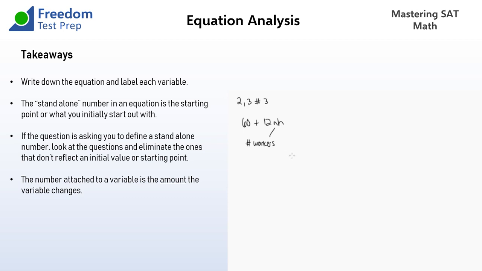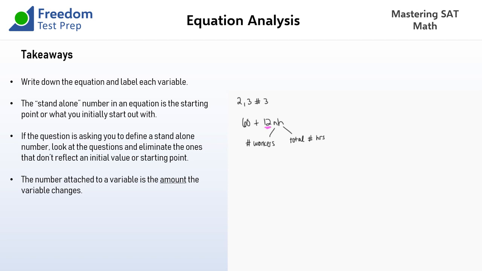And H is the total number of hours the job will take. Okay, so total number of hours using N landscapers. Which of the following is the best interpretation of the number 12? So now we're going back to analyzing a particular element of this expression.